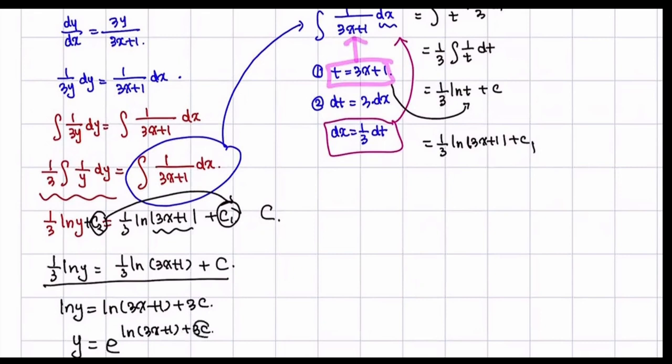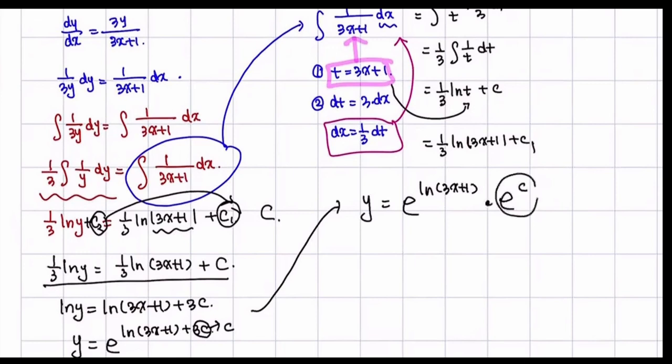Yeah, just c, because it is not fixed; in other words, it is undecided. So y equals e to the ln of 3 times x plus 1 times e to the power of c. Oh, it is just c.